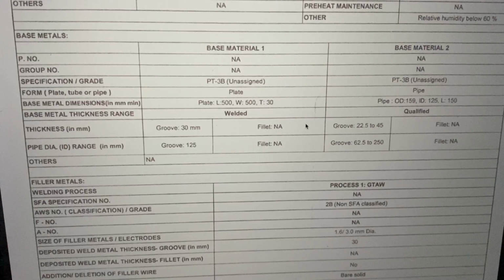Now we are talking about the specific grade. This particular grade is not listed in the ASME section, hence P number is written as not applicable.